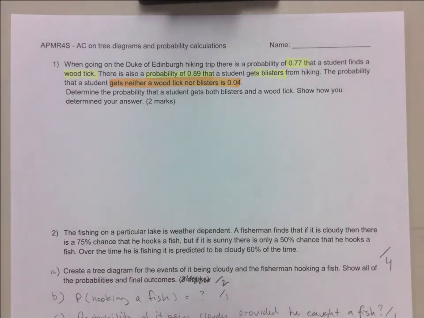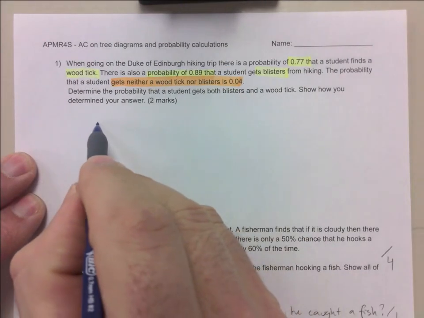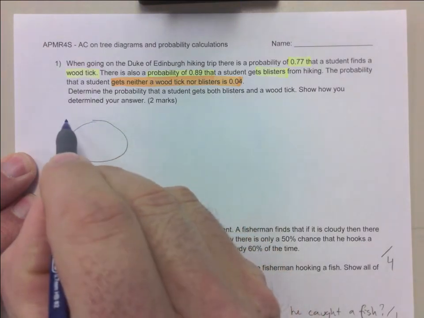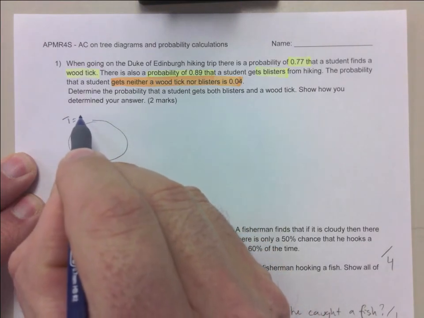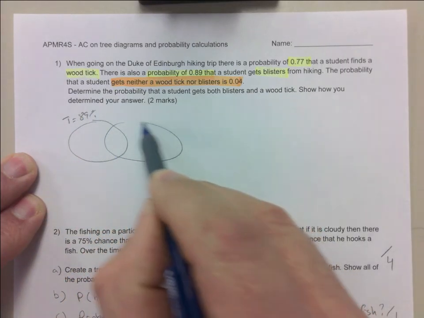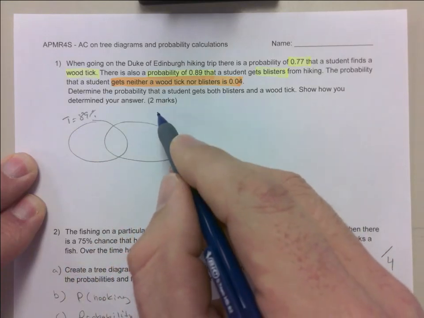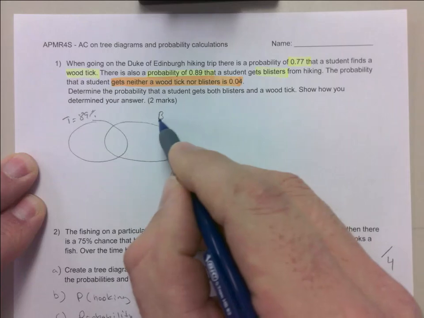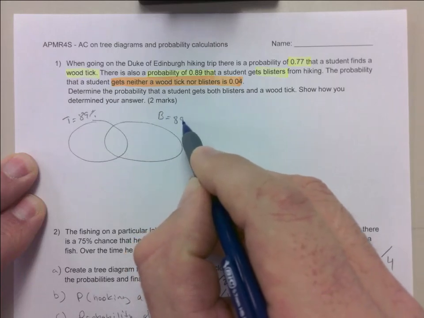Venn diagram, okay? So in this case, a tick is 77%. Are there overlaps, you think? We don't know yet, but let's figure it out. This is blisters, 89%.